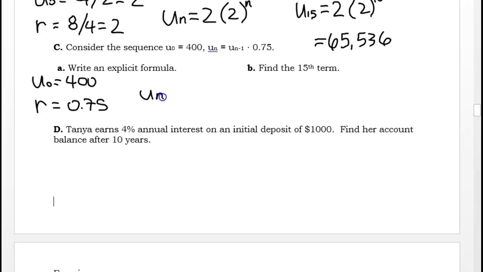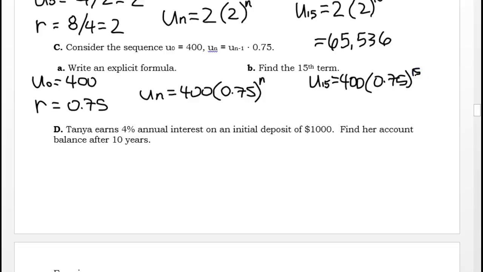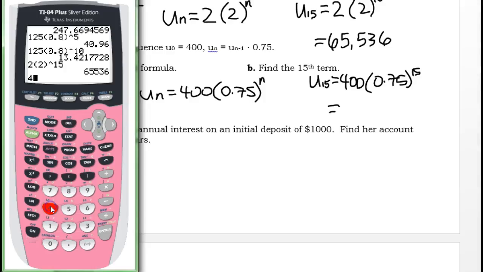So when I write my formula, I put in my u0, I put in my ratio, and then it's to the power of n. So to find the 15th term, I just need to substitute 15 in for the power. And I got 5.3 if we round that.